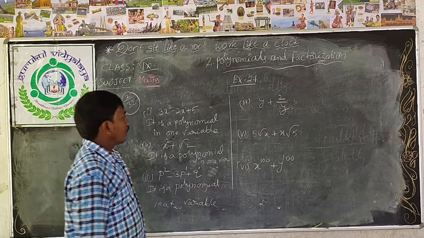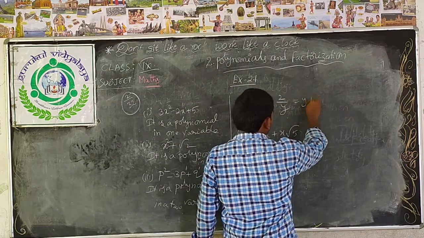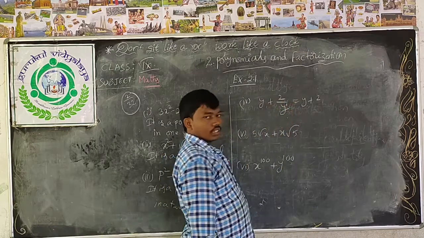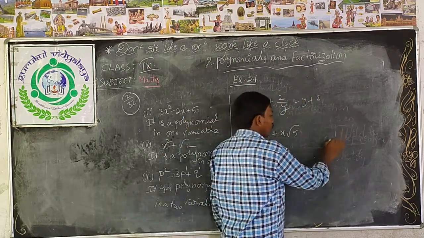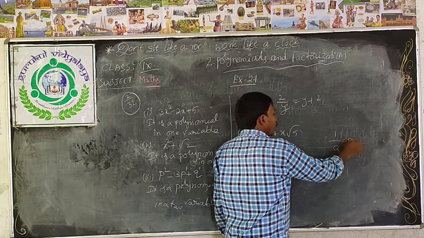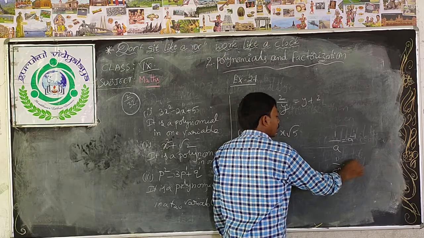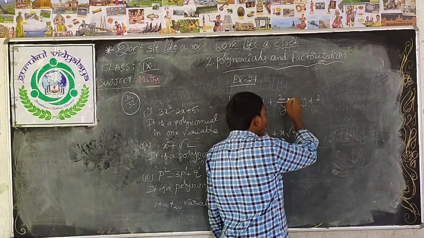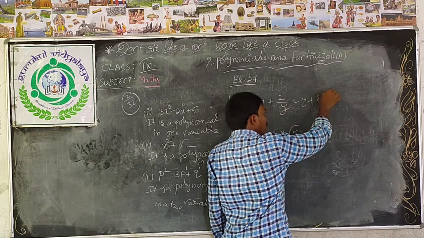Next, I will write y plus, what is the denominator of y? See y power 1, it is coming on top means, see the children, 1 by a is equal to a power minus 1, or 1 by a power n is equal to a power minus n, in exponential form like this. 1 by 2 by y is equal to 2 into y power minus 1.